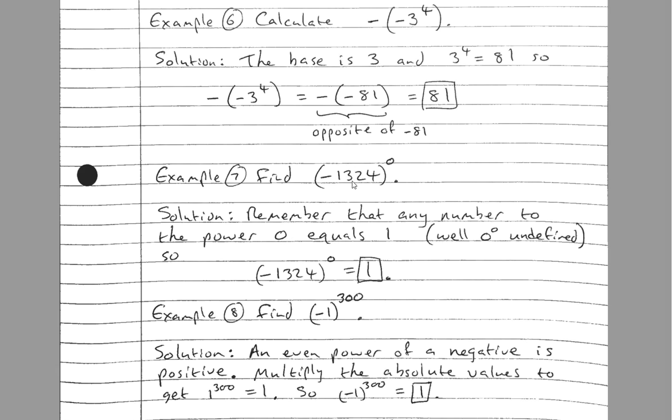So it doesn't matter if the base is positive or negative. Any base to the power 0 equals 1. Well, any base except 0. So 0 to the power 0 is undefined, but anything else to the power 0 is defined to be 1.